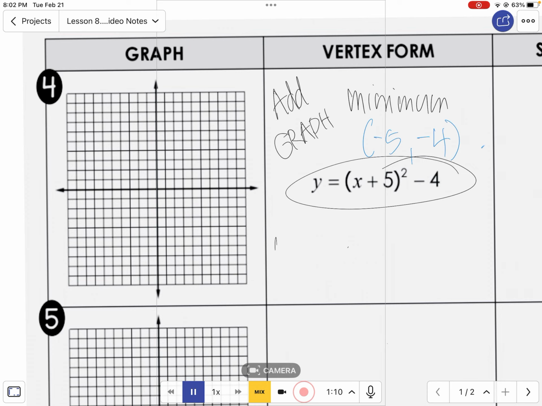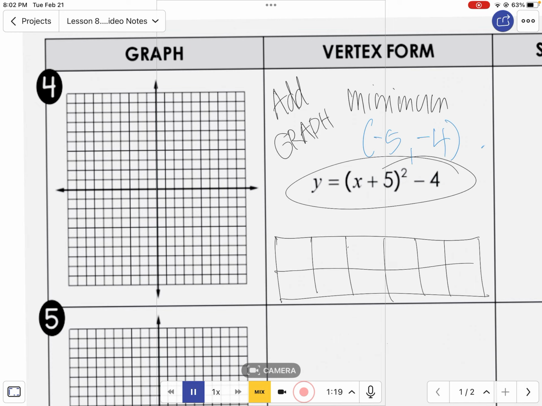Now let us set up our table of values for x and y, making sure that our minimum point, (-5, -4), is in the exact middle of the table.